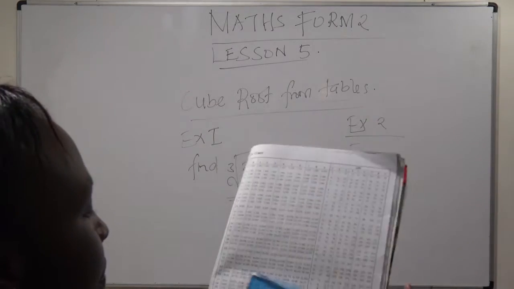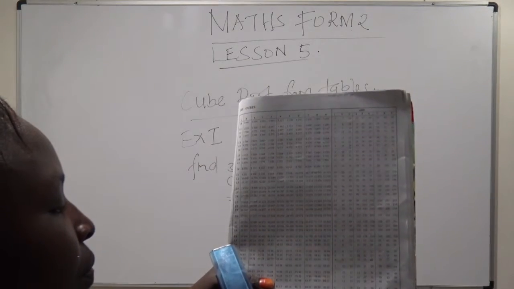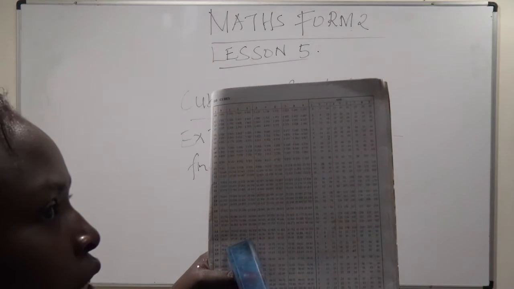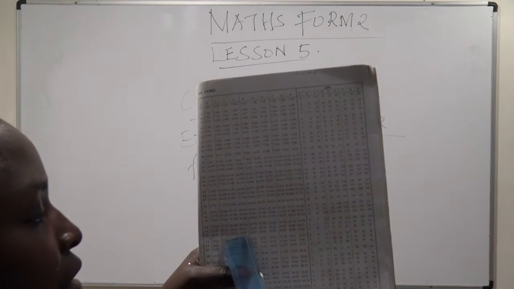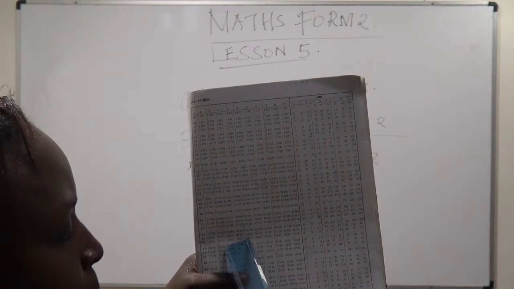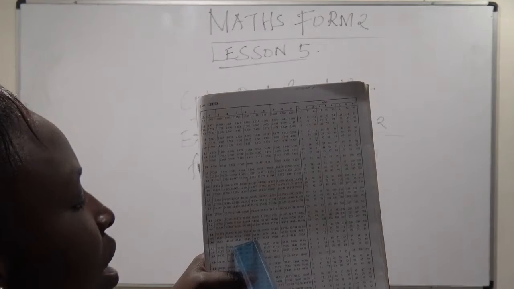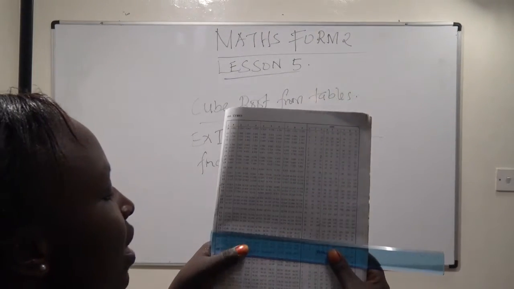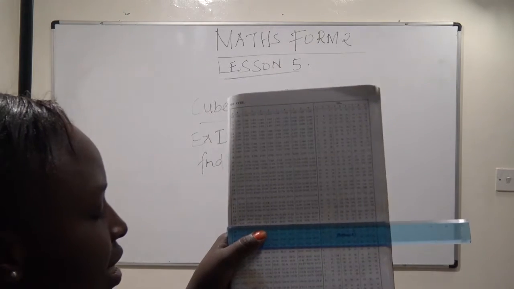So, as you can see from the mathematical table, 48, this is 47.83, 48.23. I cannot pick this one because it is above 48. So the number that is closer to 48 is this 47.83.